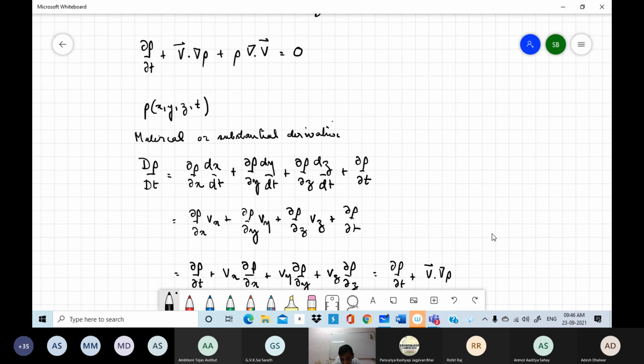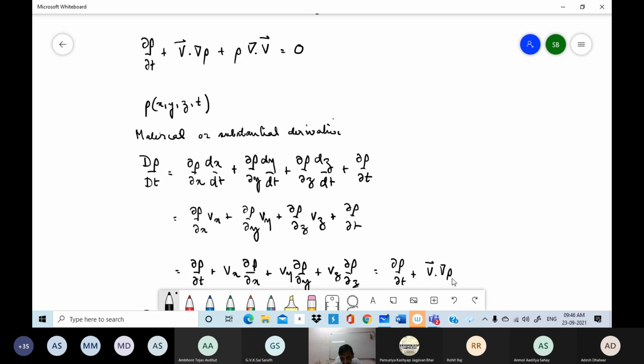So then the d rho by dt is del rho by del t plus v dot grad rho. So the material derivative is, how does rho change as I follow the material? One contribution comes from the local rate of change, and the other comes because my point of measurement is moving. So therefore the d rho by dt is equal to this.